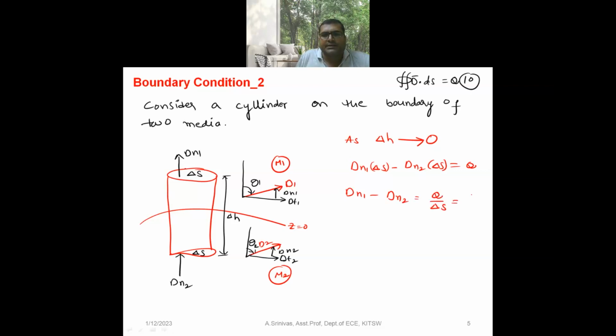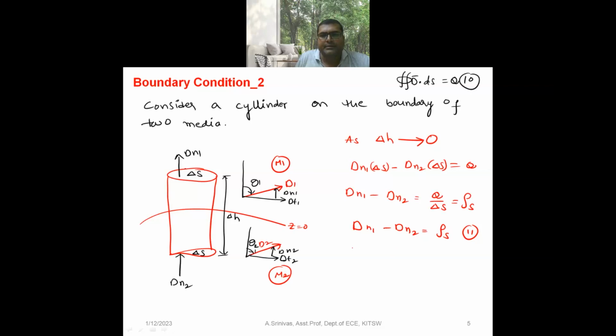Charge per unit area is surface charge density, and this can be written as Dn1 minus Dn2 is equal to rho s, where rho s is the free charge density that is placed at the boundary.